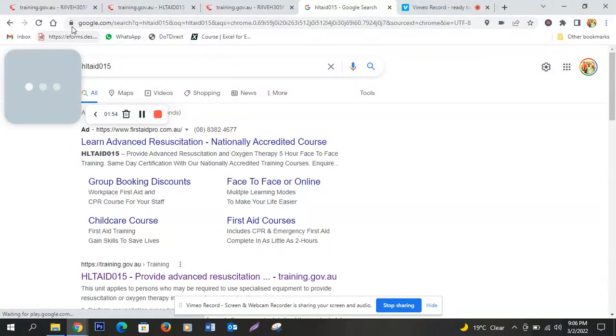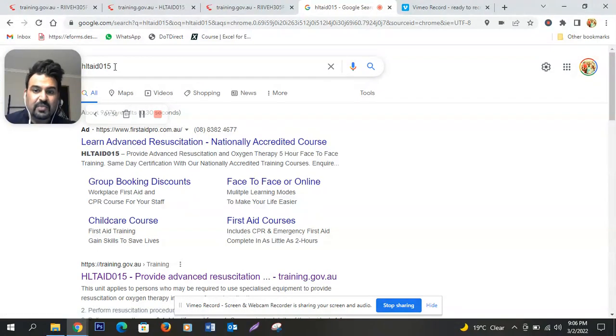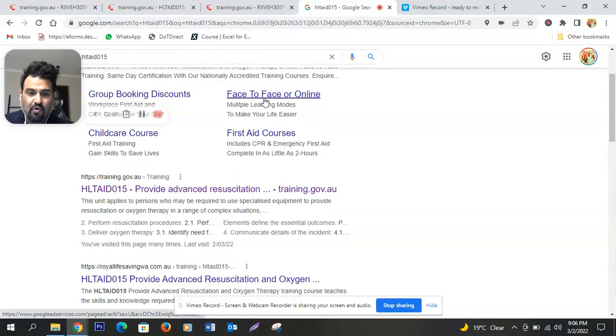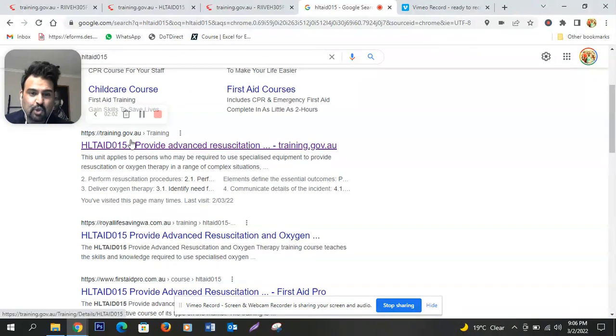So what I will do is go ahead and Google it, and I will look for the training.gov.au link, first of all. It's where you will take what you need to put in an assessment to make sure that the assessment is compliant.